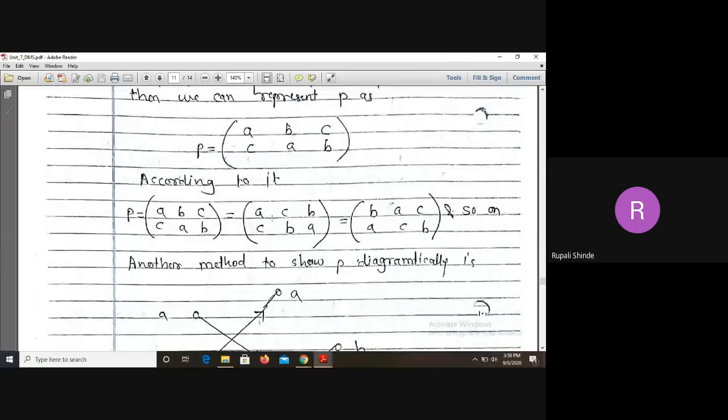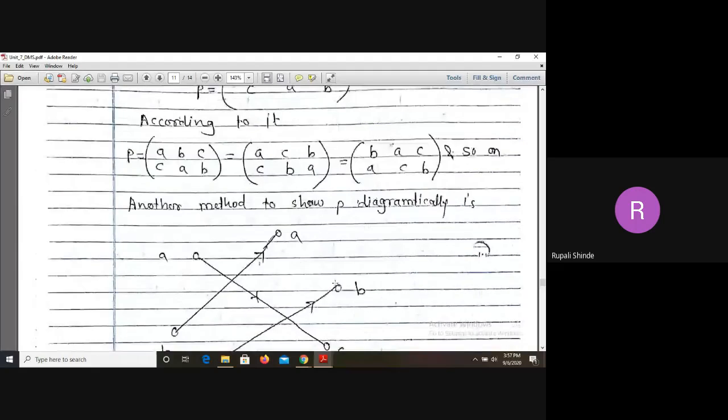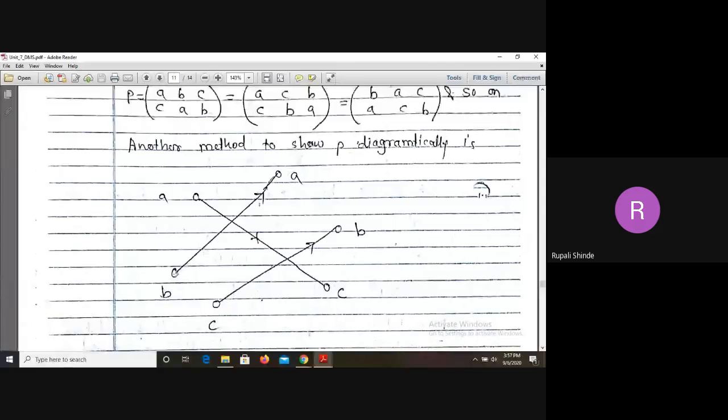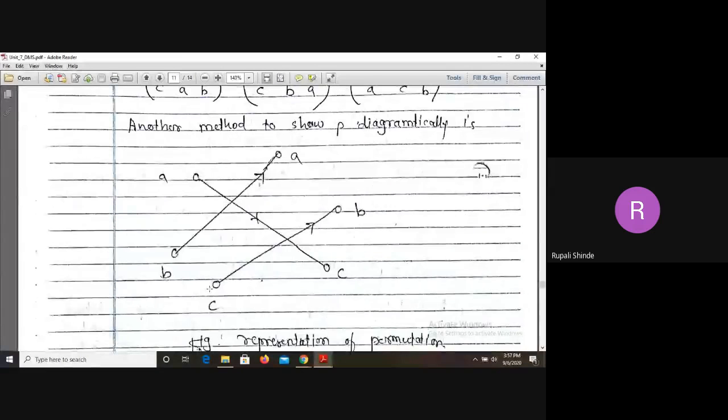Now suppose you consider this permutation P. Diagrammatically, A is mapped into C, so there is an arrow from A to C. Second, B is mapped into A, so there should be an arrow from B to A. And last, C is mapped into B, so that is represented here.